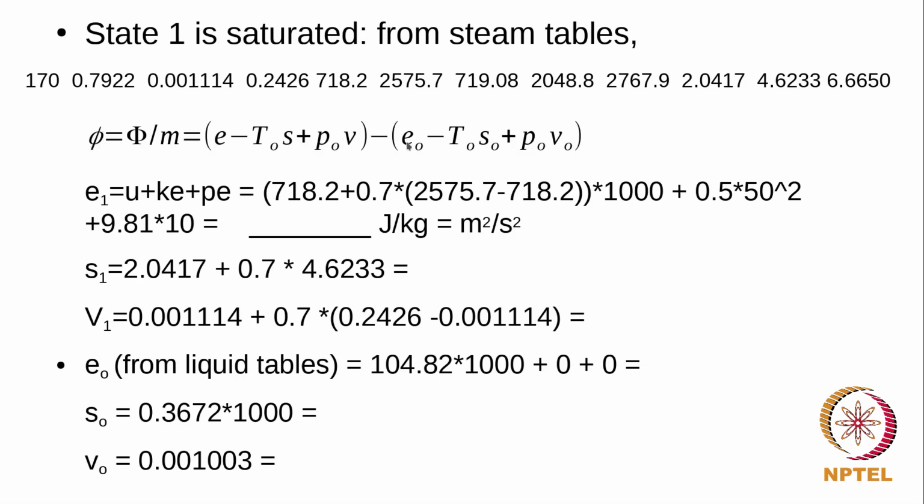We can look at, for example, E minus E naught, this term, T naught S minus T naught S naught, and P naught V minus P naught V naught. Also in the energy term, we can look at specific contributions from internal energy, kinetic energy and potential energy, and it gives us some idea of which of these terms gives the most amount of work, and that is quite interesting sometimes to see.